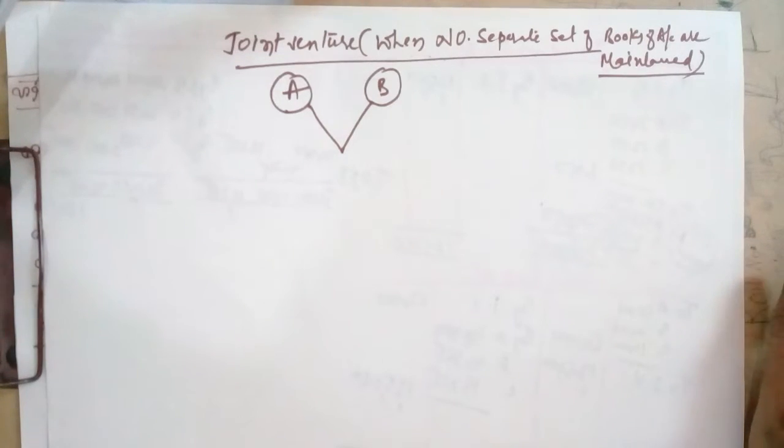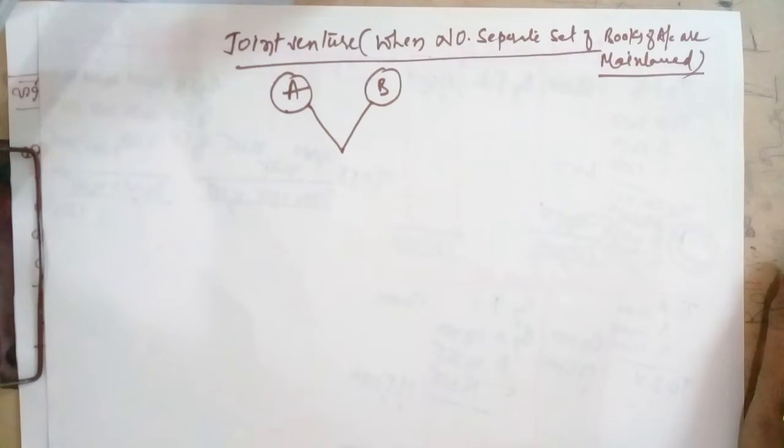The reason is that if they are doing a small joint venture, maintaining a separate set of books of accounts will put the co-venturers to additional cost for the maintenance of books, the clerical staff and accounting staff salaries.